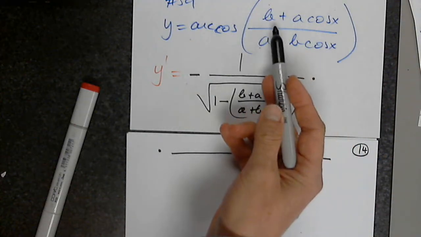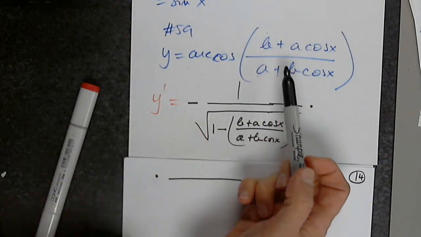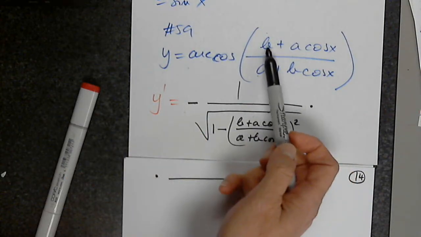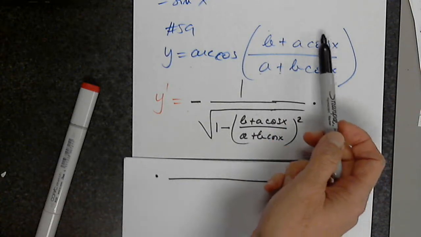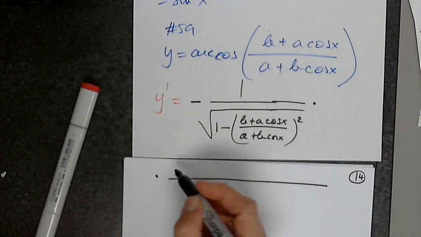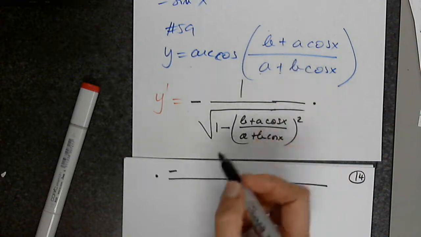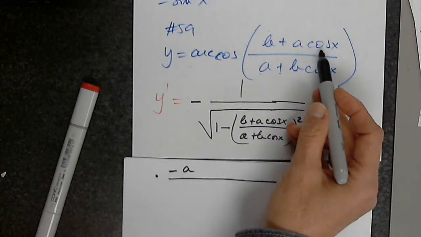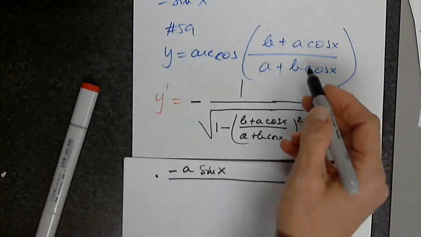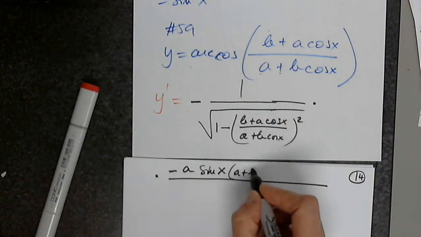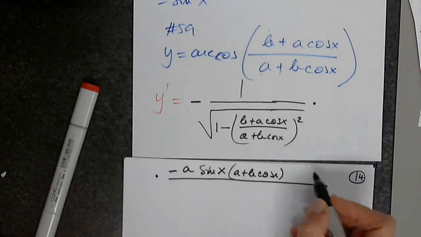The top prime. What is the top prime? This is 0. This is a constant. So then the top prime will be negative a sine x. Very good. Times the denominator. A plus b cosine x.